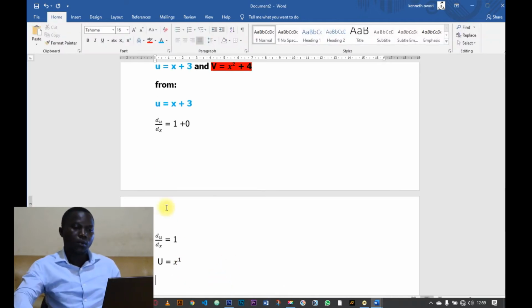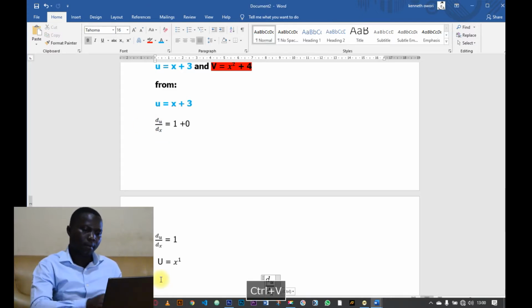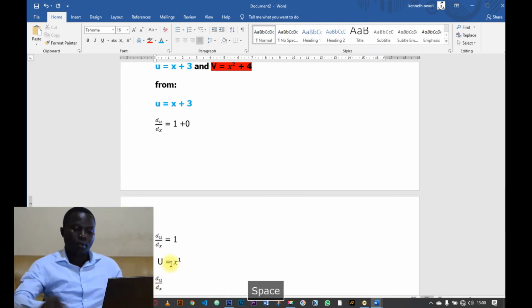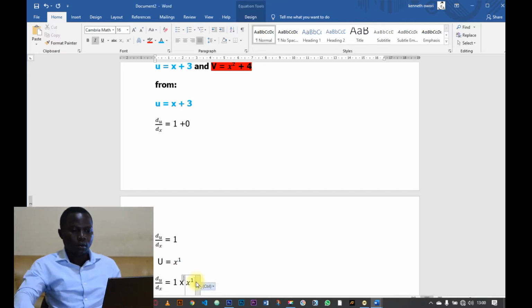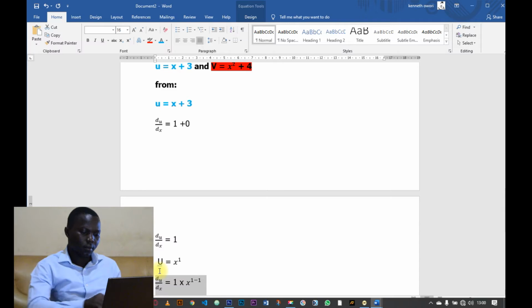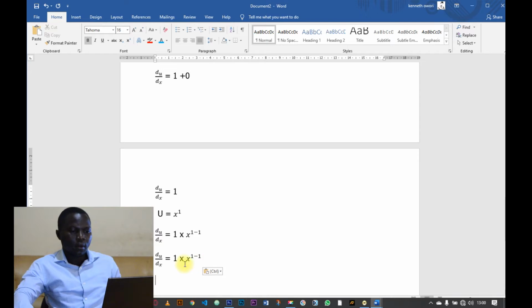So our derivative du dx would be one, which is the power, times x power 1, then reduce the power by 1. So we end up with du dx equals x power 0.